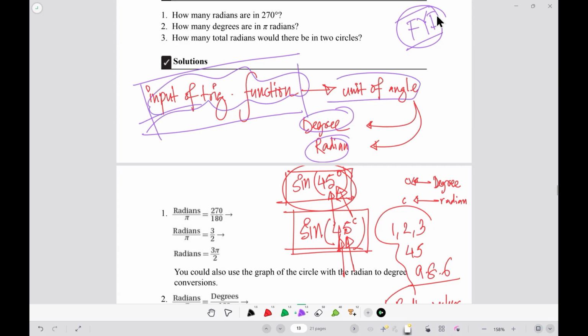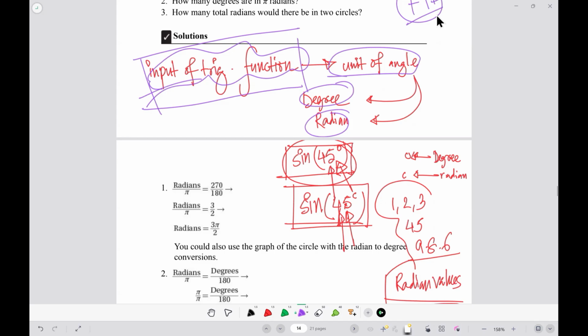We can put the input for a trig function in the unit of degree and in the unit of radian. For example, we are talking about sine 45 degree, and we are also talking about sine 45 radian.